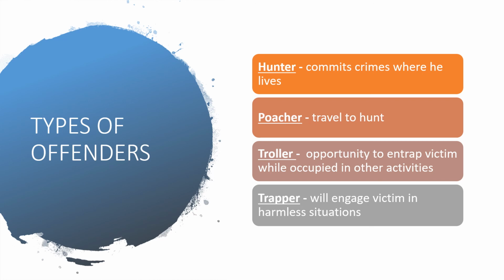Finally, we have the trapper. The trapper will draw his victim into him using different seemingly harmless situations, such as asking for help to repair a flat tire alongside of the road, or helping to unload a car trunk because his arm is in a sling.